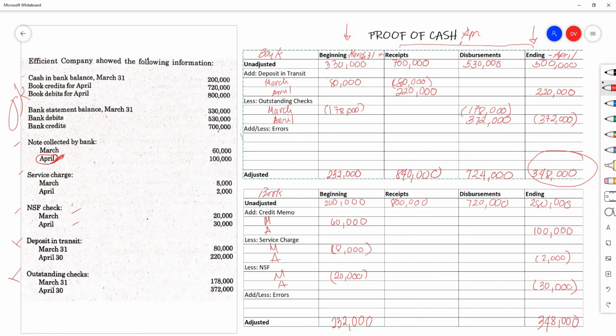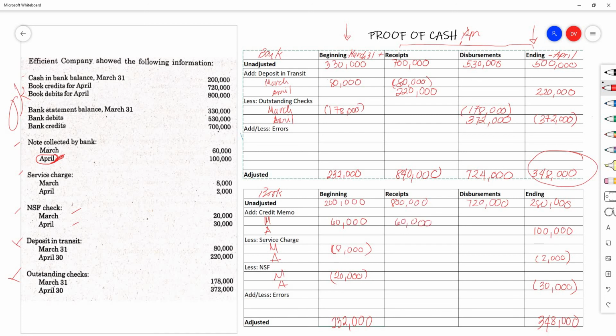Now, we go to book. Credit memo, na idagdag na siya ng bangko noong March. Kailan siya naisama ng book? Noong April. Okay? So, March siya dapat, pero naidagdag siya sa receipts ng company, April na. Tama ba na nandyan siya? Hindi.